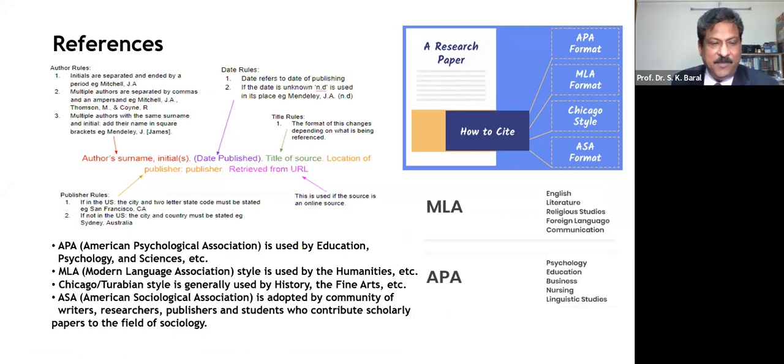And APA, the American Psychological Association, is used for psychology, education, business, nursing, and linguistic studies, more broadly. Apart from that, we have Chicago and the American Sociological Association style also. But most scholars are very familiar with MLA and APA references.